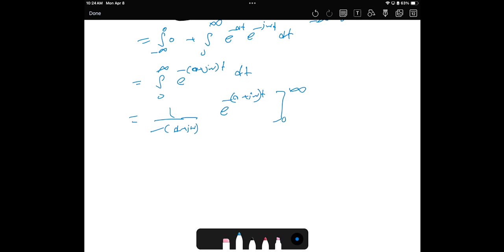So it will be negative 1 over (a plus j omega), times e to the power negative (a plus j omega) times infinity, minus e to the power negative (a plus j omega) times 0.